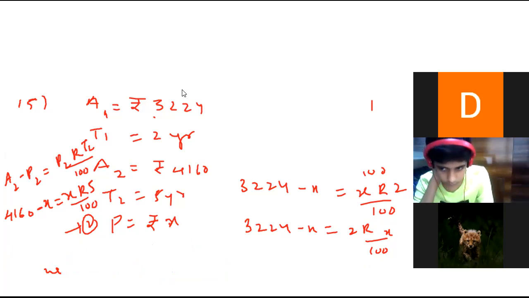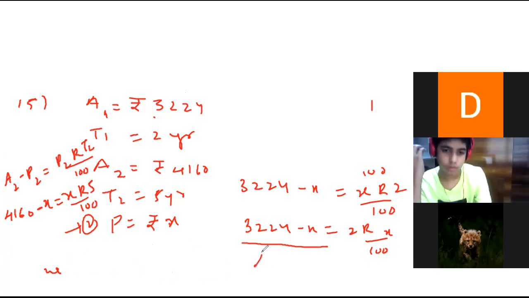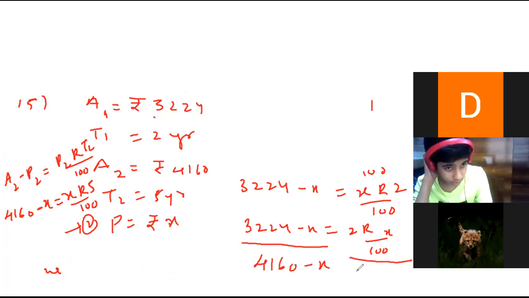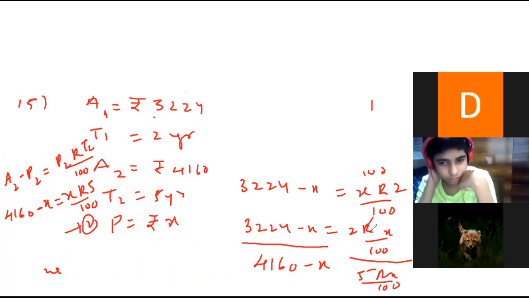So if you are dividing this, 3224 minus x upon 4160 minus x, divided by 5Rx upon 100. Rx upon 100, Rx upon 100, can you cancel?